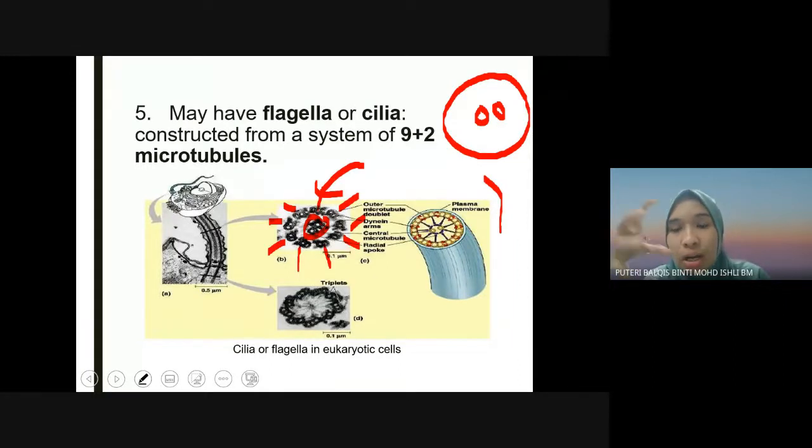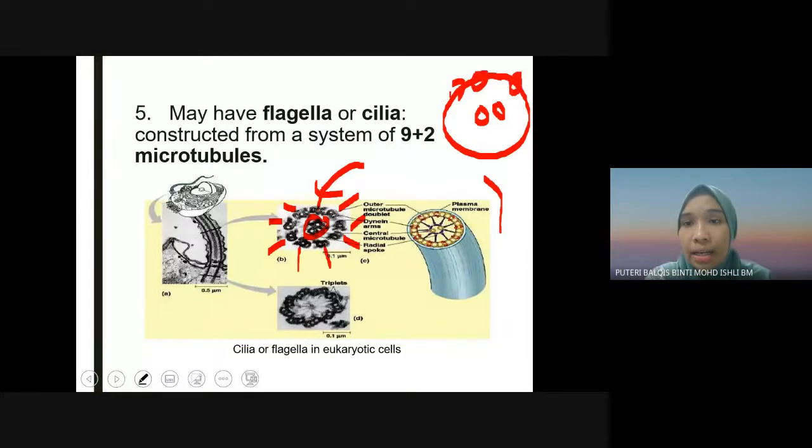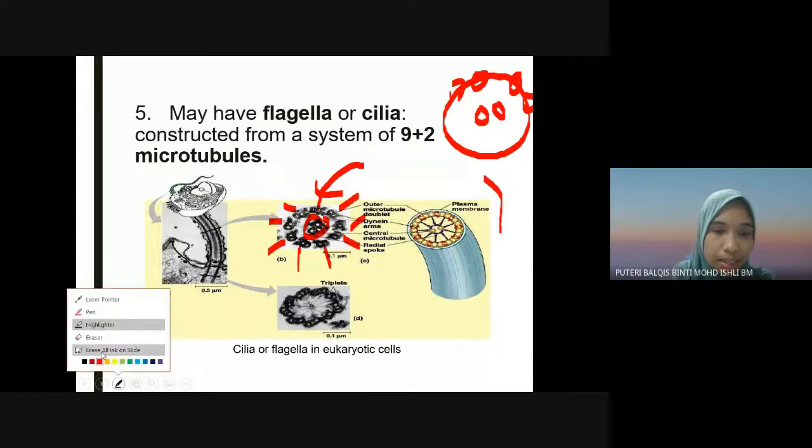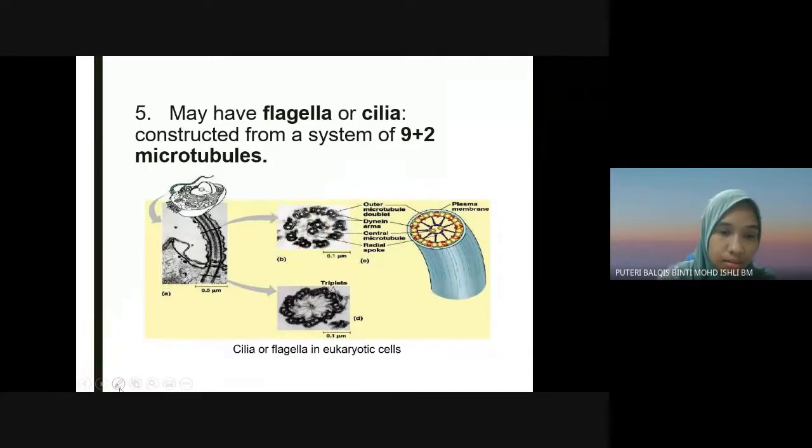Protein yang made up the flagellum. Okay, so how it is arranged? It arranged like this. In pair, tapi keliling dia ni ada 9. Okay, semua duduk berpasangan. Pair. And at the center ada lagi 2.